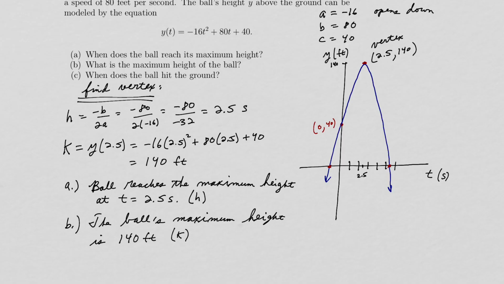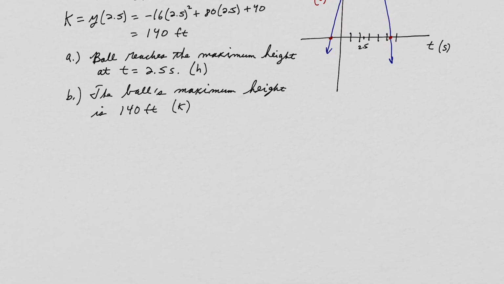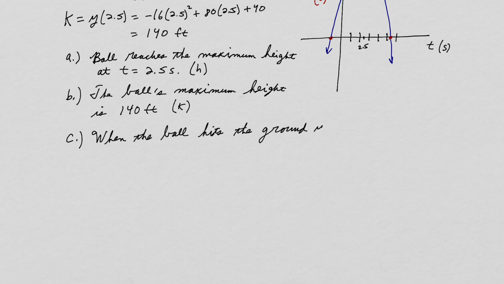All right, so basically we need to solve for that. So let's think about that. So for part C, when the ball hits the ground, y is equal to 0. So what we can do is solve for t when y equals 0, right?